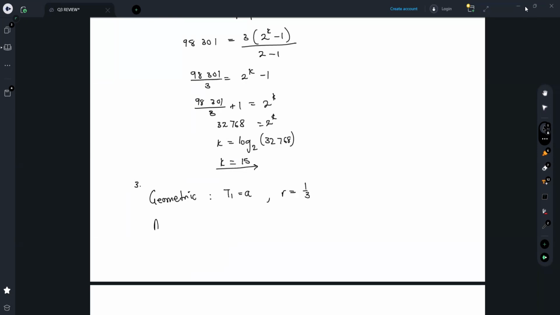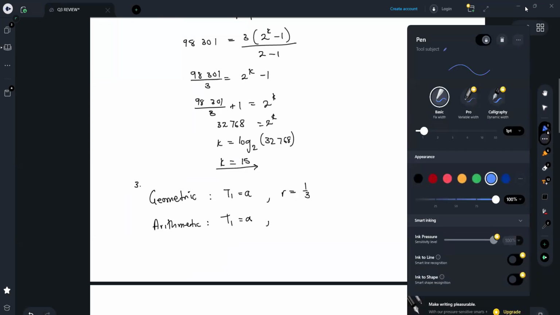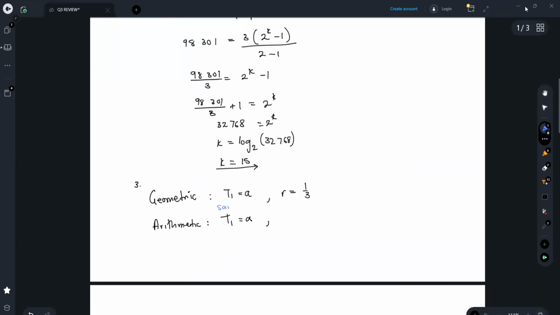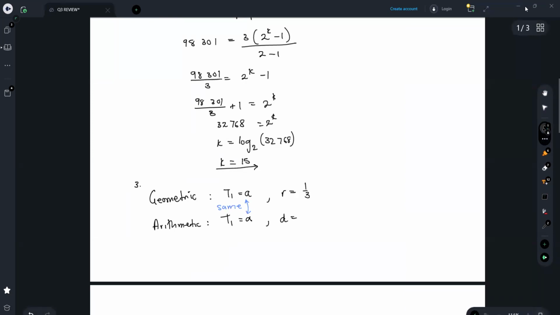For the arithmetic, we had T1, which is also A. So these two are the same. We're also given that the difference for the arithmetic would be 3.